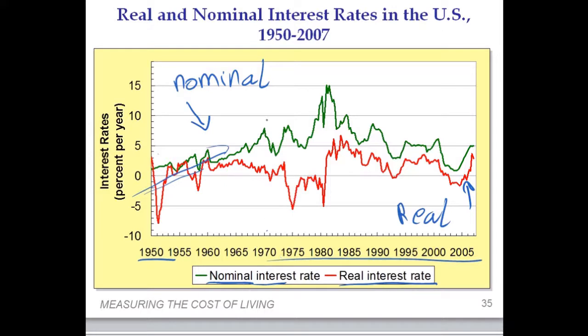But for a specific period of time, they had an inverse relationship. What you can see right here is this period of time from about 1970 to about 1980, maybe the mid 80s. The USA had a period of massive inflation, so the real interest rates were really affected by the very high rates of inflation. The rest of the time, as you can see, they are pretty much the same.